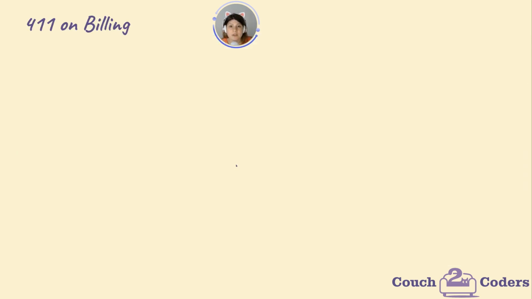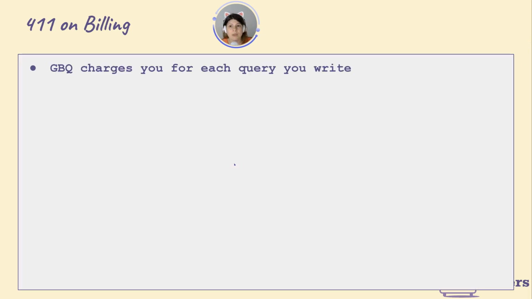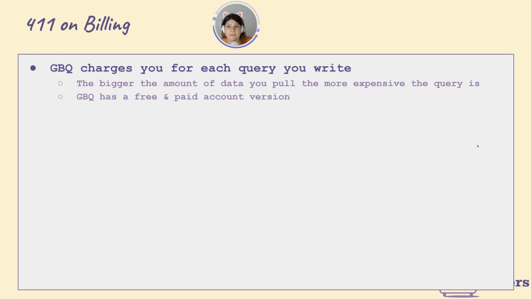So I promised you that I'd give you a 411 on billing, so let me go ahead and do that now. Google BigQuery charges you for every query you write. So writing a query, pulling data costs money, and Google BigQuery will charge you for that. The bigger the amount of data you pull, the more expensive the query is. Google BigQuery has both a free and a paid account version.